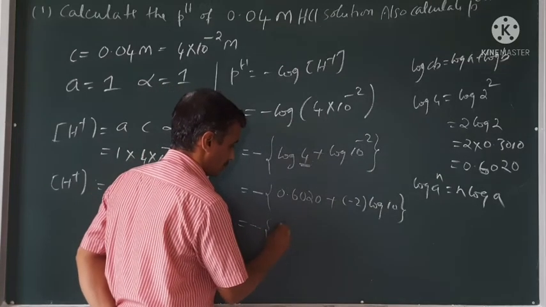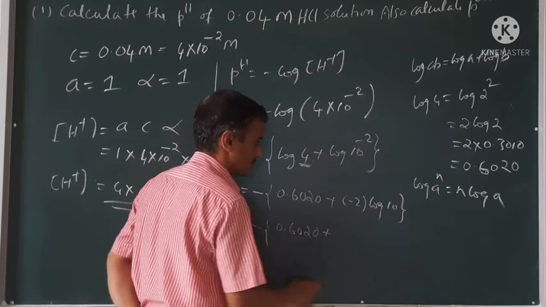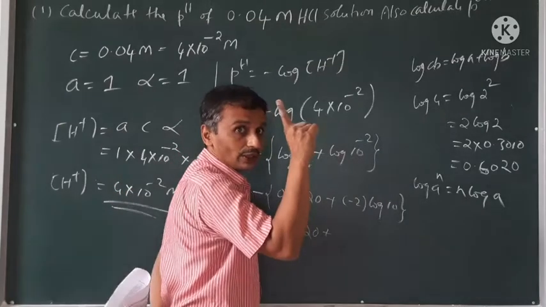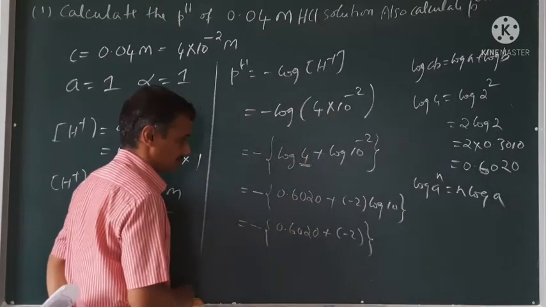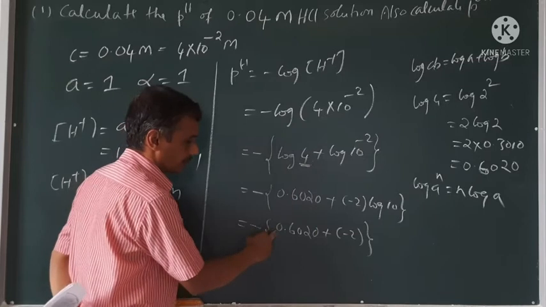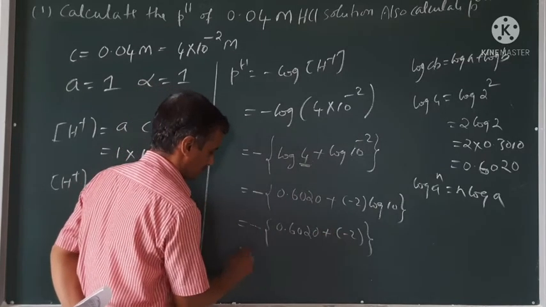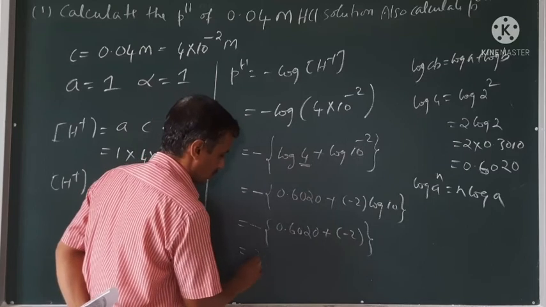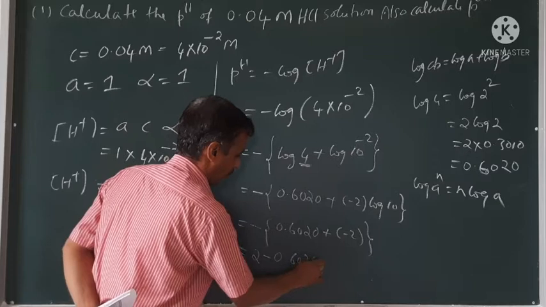Now, 0.6020 plus minus 2 log 10. Log 10 is 1, so minus 2. Now, this is minus 0.6020. Minus of minus is plus 2. So it is equal to 2 minus 0.6020.